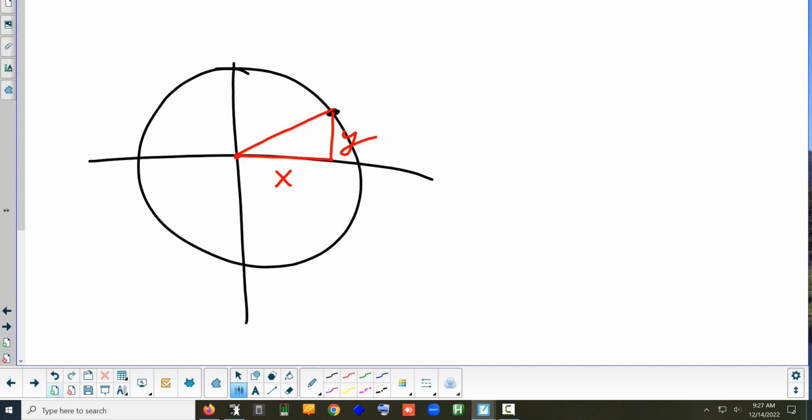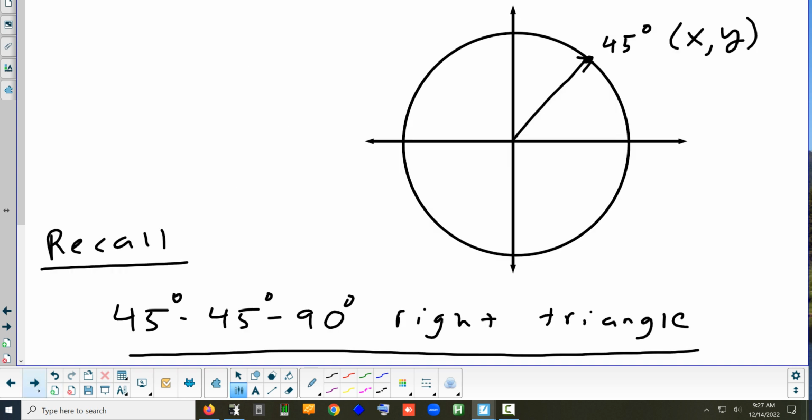So the whole goal of this part is to make a triangle and figure out the base of the triangle, which is what we call the x coordinate, and the height of the triangle, which is the y coordinate. But there are only two triangles we need to focus on: the 45, 45, 90, and the 30, 60, 90. We're not going to be focusing on any other angles besides those. So there's a 45 degree angle. If this is 0, and this is 90, 45 degrees would be exactly halfway between the two. We want to figure out how far over and how far up.